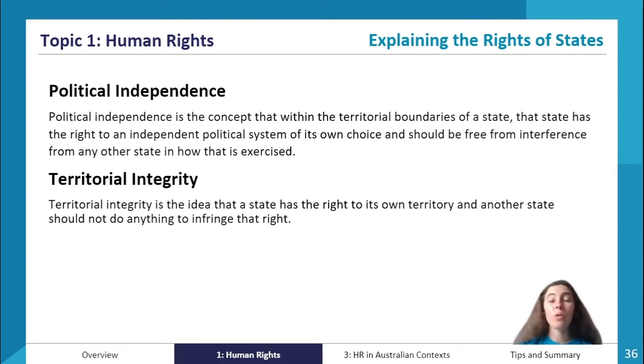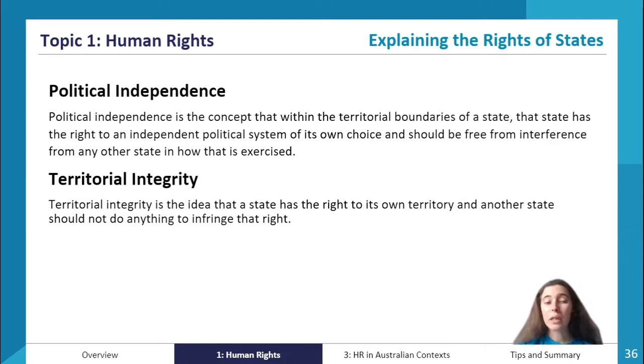So we've got all these different political systems depending on the different areas, and every territorial boundary of a state allows that state to have the right to choose its own political system and not face interference from any other state to try and change that.